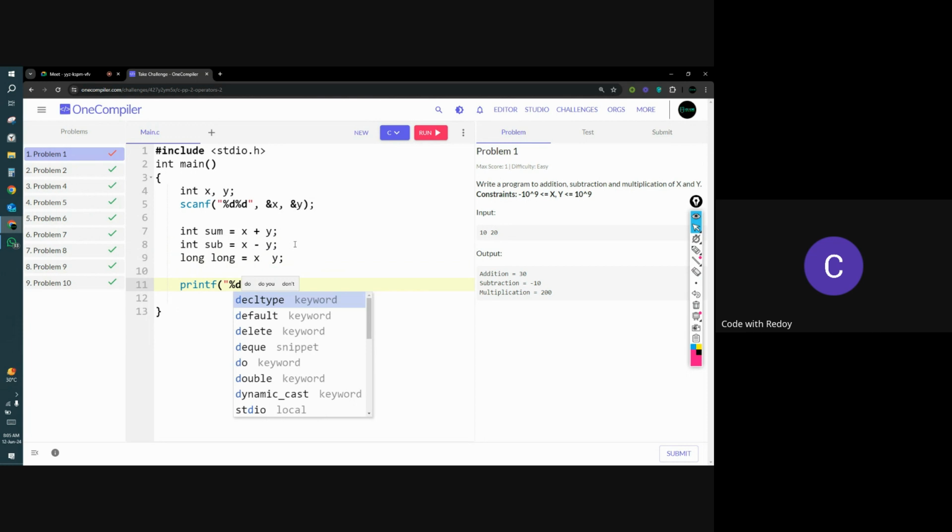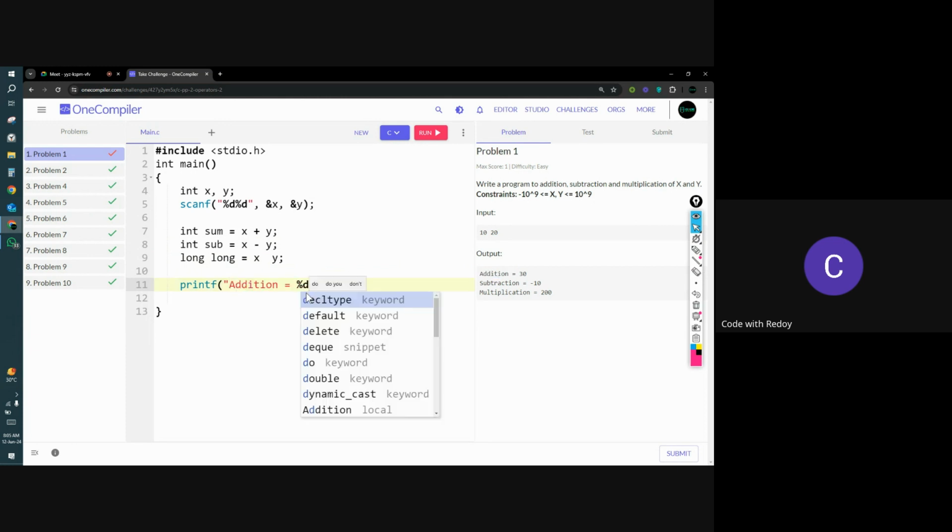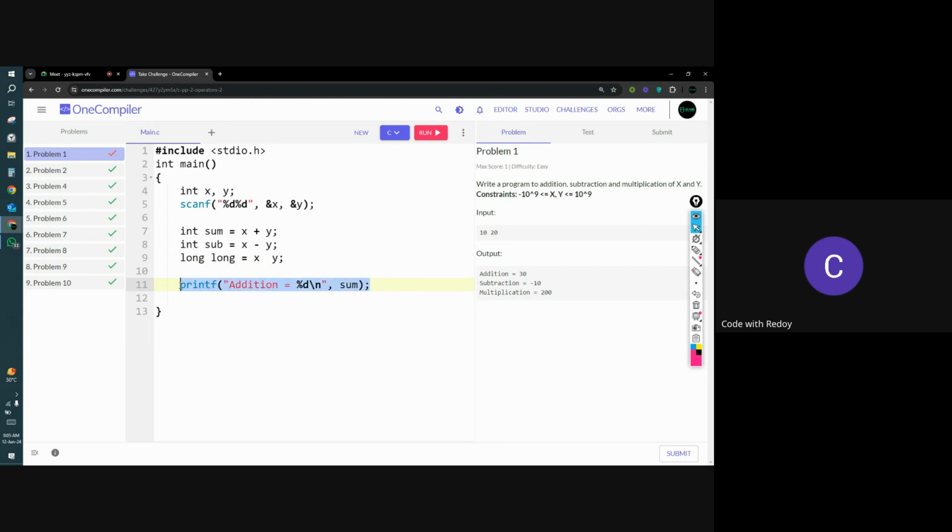Percentage d. Right. I need to put this text: addition equal to percentage d, comma, sum. And I need to put backslash n here. And subtraction. I need to put the sub here.